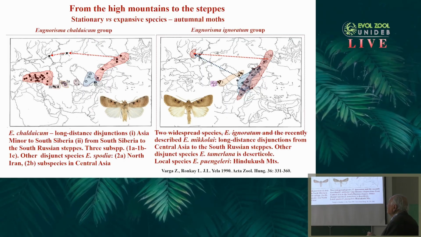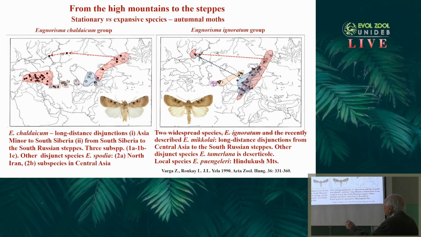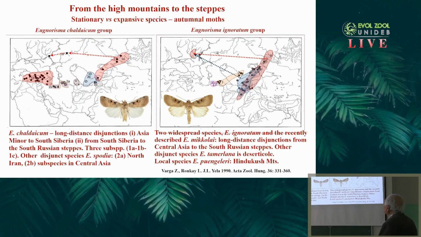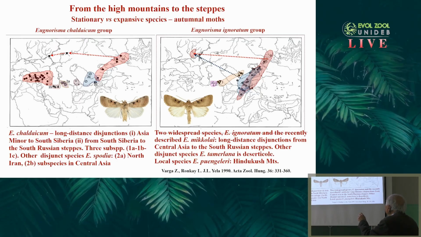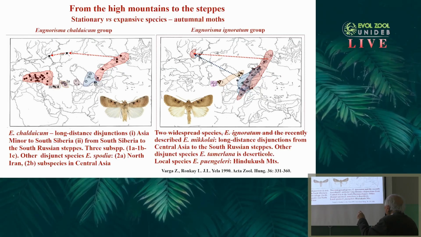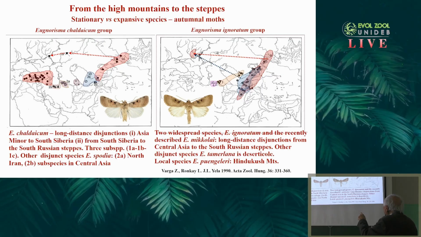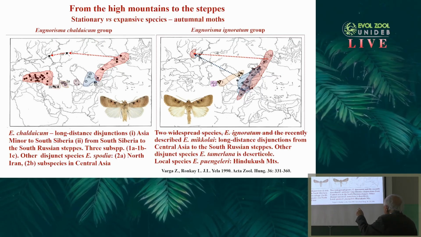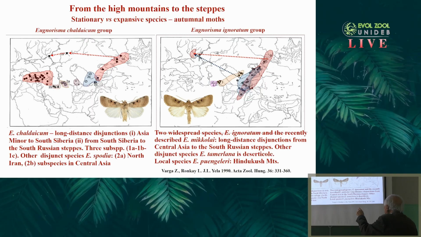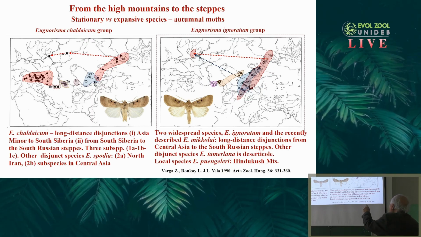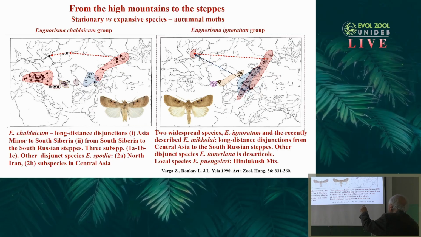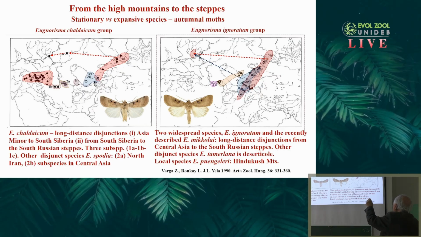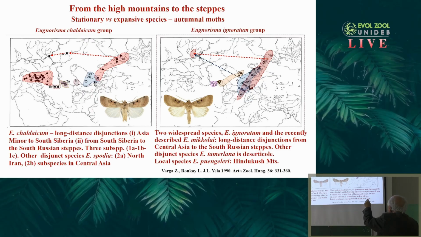Here you can see also very local species, very limited species, for example, here in the Kazakhstan Mountains on the borderline of Iran and Turkmenistan, and another on the border area of Turkmenistan and Uzbekistan, and a higher diversity in the areas from Afghanistan to the southern Russian steppe mountains, inclusive Kazakhstan.